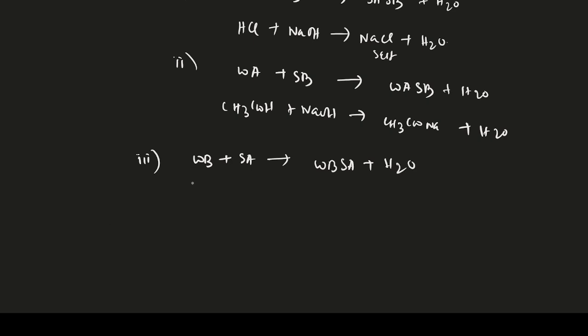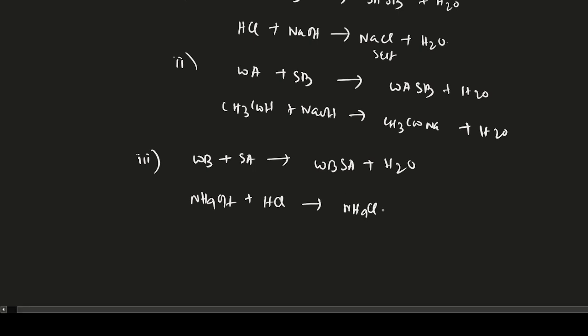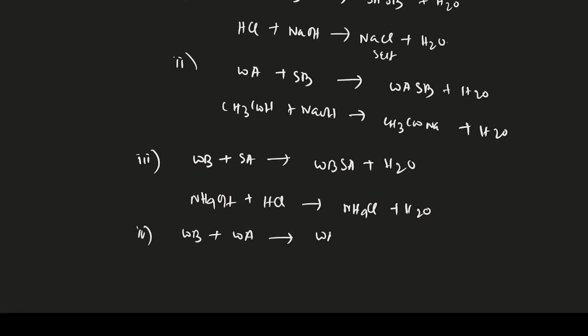You can take NH4OH with a strong acid, let's say HCl, which gives NH4Cl plus water. Another case: a weak base plus a weak acid gives a weak base, weak acid salt plus water.